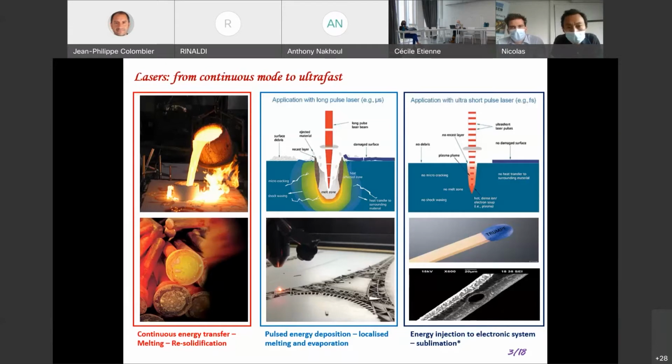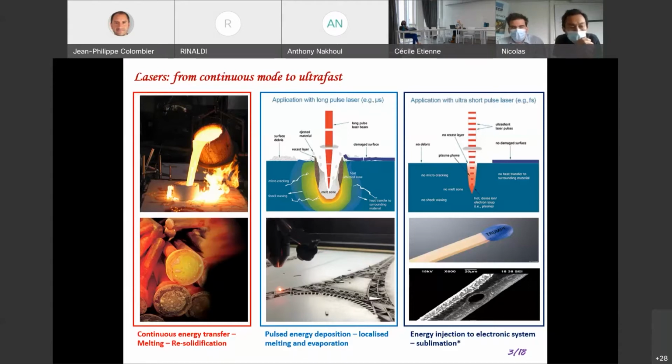If we chop the continuous laser light into packets and use those packets to irradiate the material, we can hit the material more efficiently, in a localized fashion. The heating only affects a small area of the material, and in this small volume that sees the laser light, the temperature rises violently.